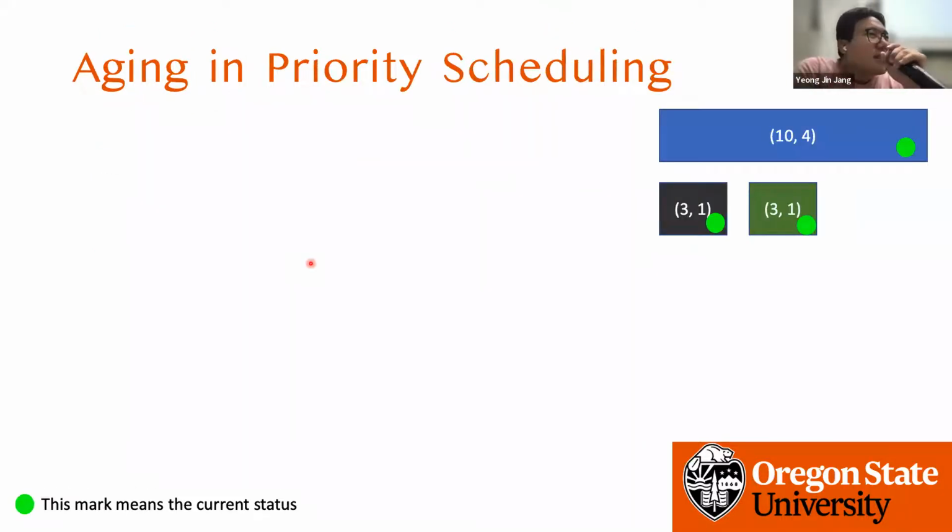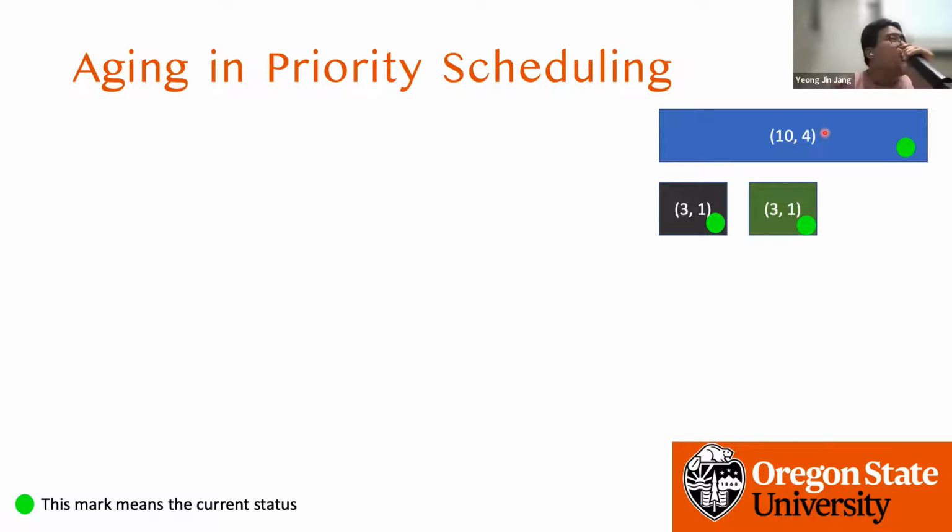Let's take a look at how this kind of priority scheduling can work with an example. This diagram is a little complex, but let me explain it in a good way. Suppose we have these 3 jobs: job time 3, priority 1; job time 3, priority 1; and job time 10, priority 4.